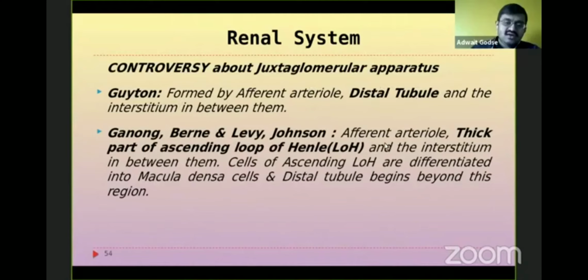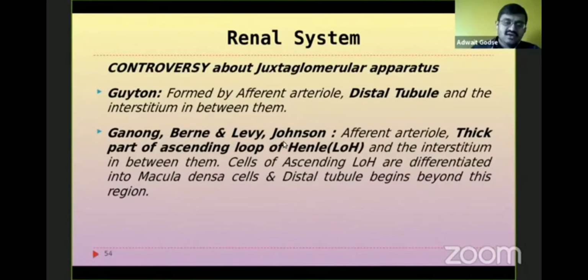Whereas all these books say the afferent arteriole, the thick part of the ascending loop of Henle, and the interstitium in between. Only in this aspect we have to contradict Guyton and go with the other standard textbooks: the constituent is the thick ascending loop of Henle and not the distal tubule.